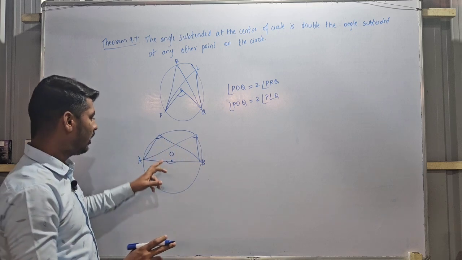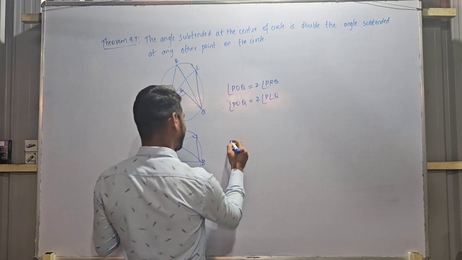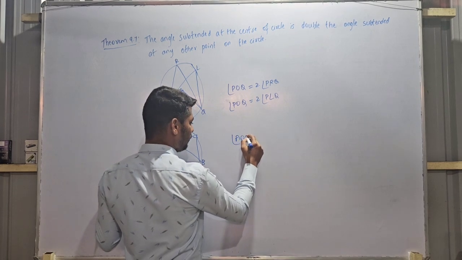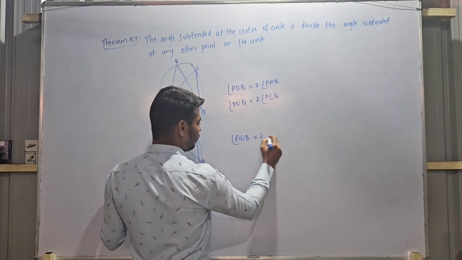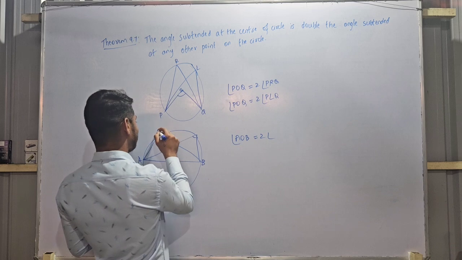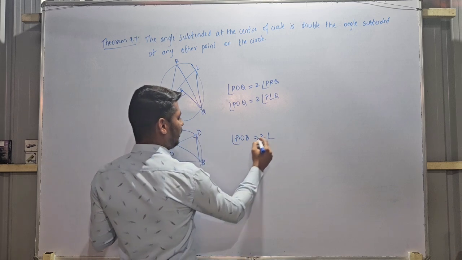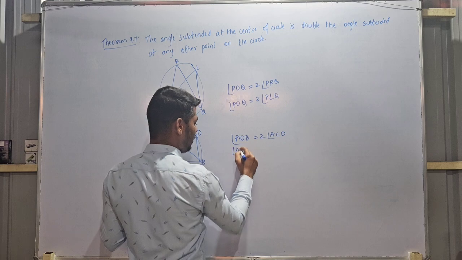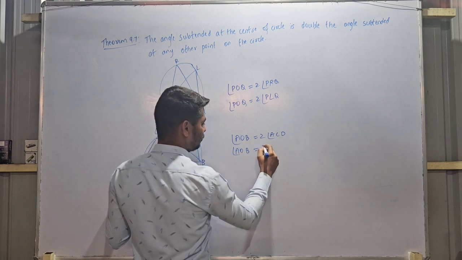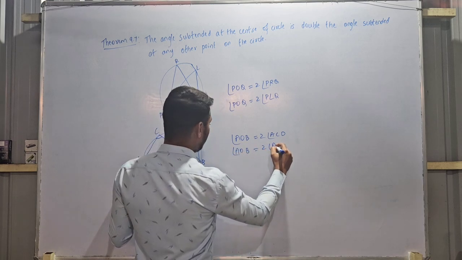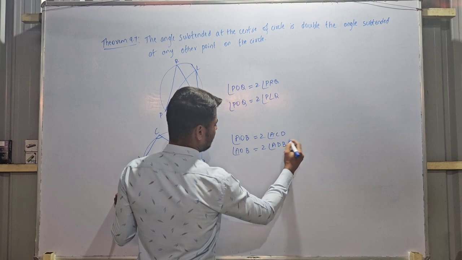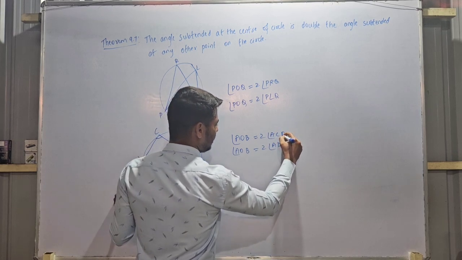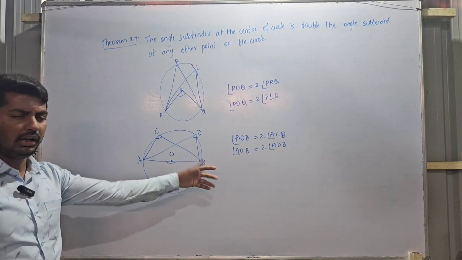That is, angle AOB is equal to 2 times angle ACB, and again angle AOB is equal to 2 times angle ADB.